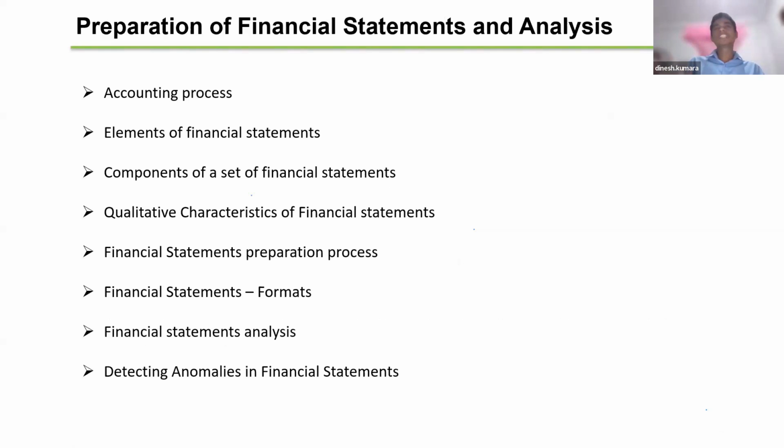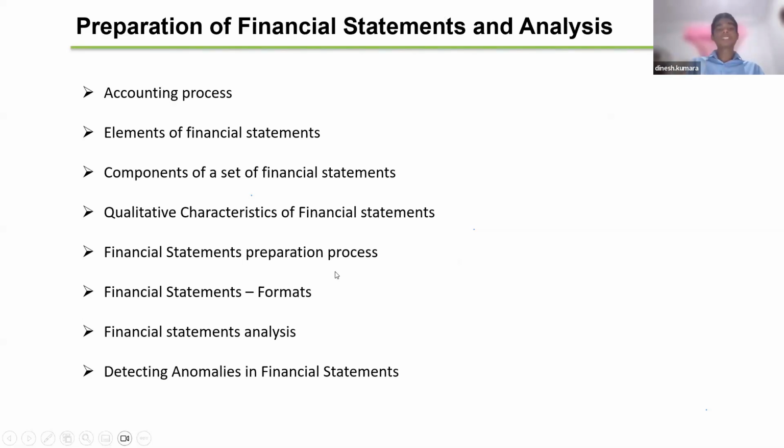Actually, as an auditor, you should have a good understanding of the financial statements, the accounting process, and the elements of financial statements. What are the elements, right? What are the components of the set of financial statements? Qualitative characteristics of financial statements. Then the financial statement preparation process.